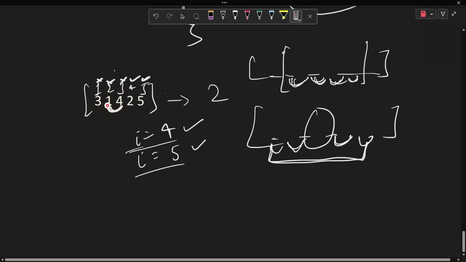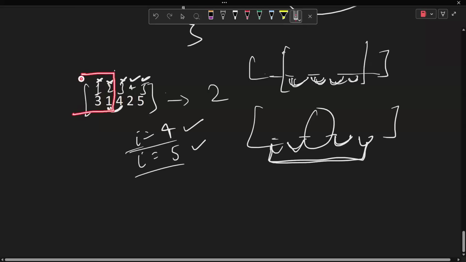Whenever you are swapping two numbers, all the elements before this, for these, it was a cross or a tick, that won't get affected. That's the first thing. If you had more elements here, all those would never get affected because they do not depend on these. Now, what would happen for i equal to 2?